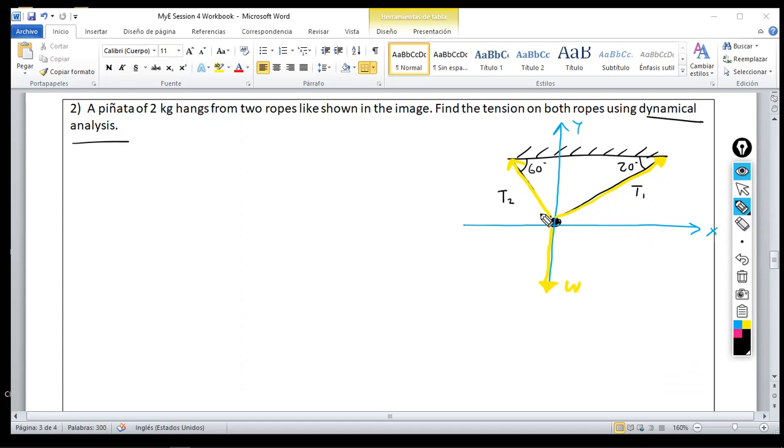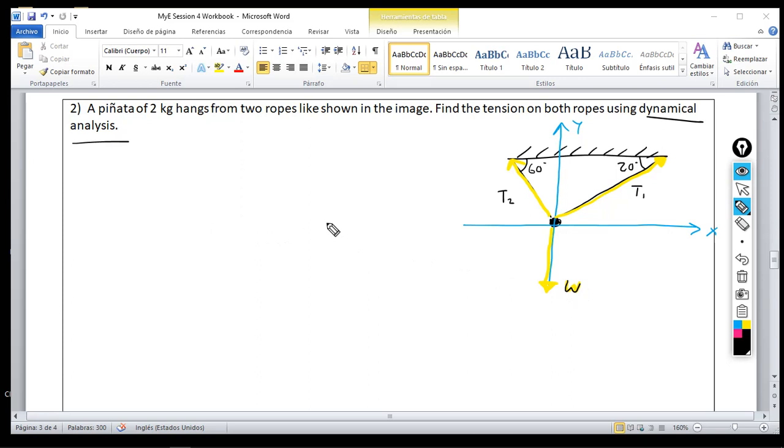That's how we often call forces that are being applied by ropes. We call them tensions. So when I ask you to find the tension, all I'm asking you is to find the force that a rope applies. It's called tension. Traditionally they've been called that way. So we have these three forces, T1, T2, and the weight.